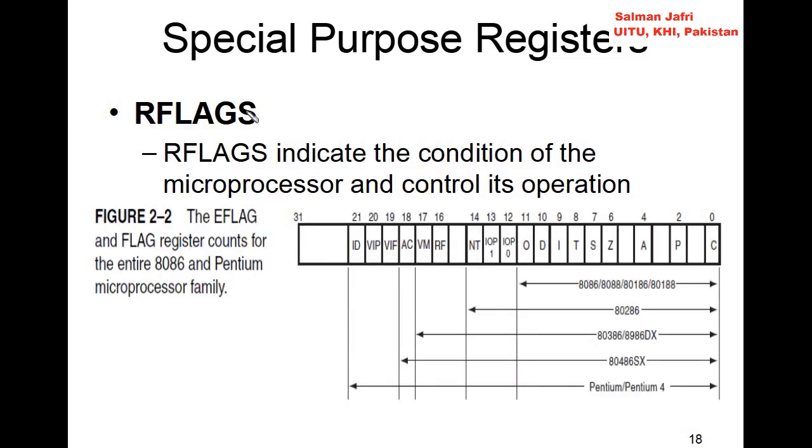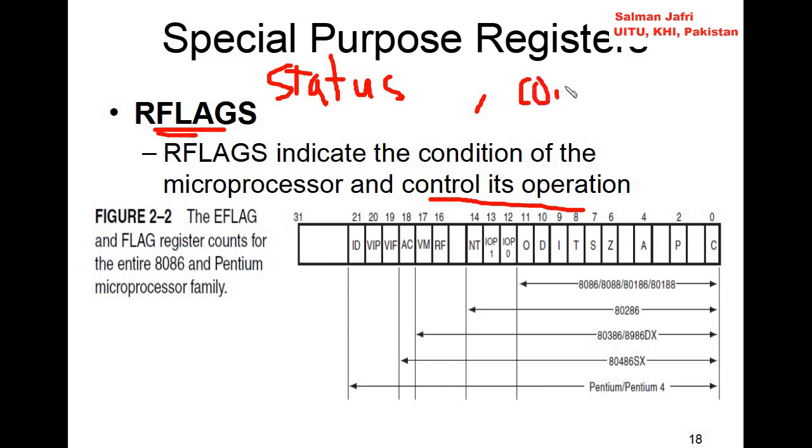Again, we talk about a very important register, which is the flags register. Flags indicate the condition of the microprocessor and control its operation. So flags are used to communicate status as well as control the processor. Flags which indicate the status are known as status flags, and flags that control the operation of the processor are known as the control flags.